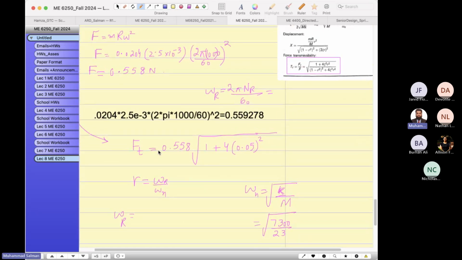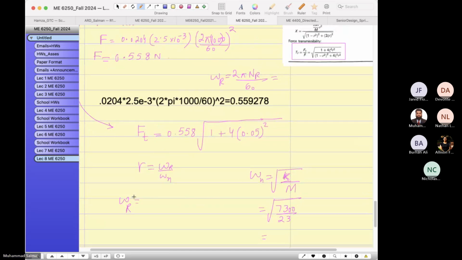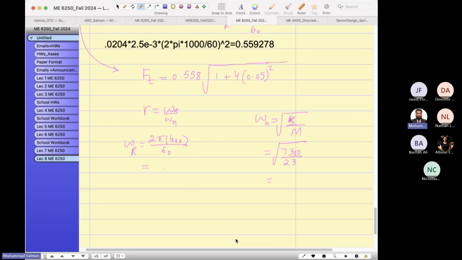Omega r is 2 pi 1000 over 60. What do you guys get for omega r? And if you do the math, r, do you get r equals 5.877?